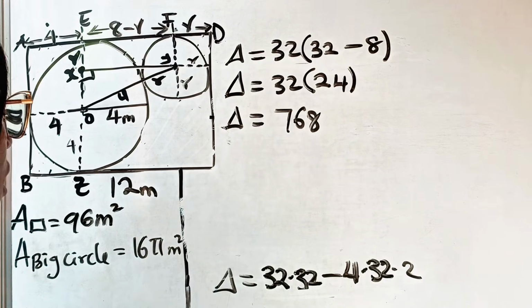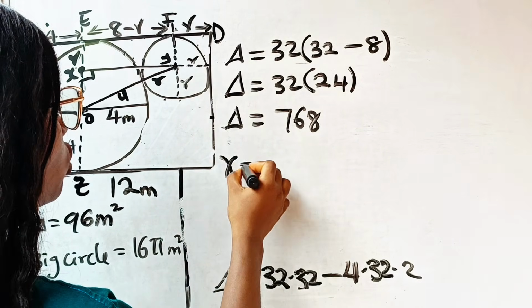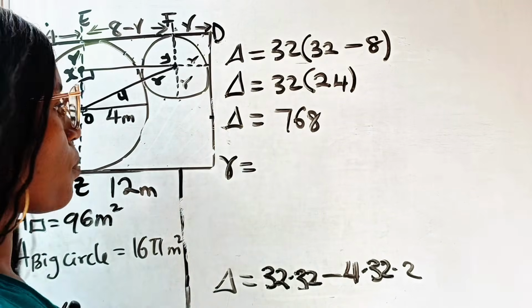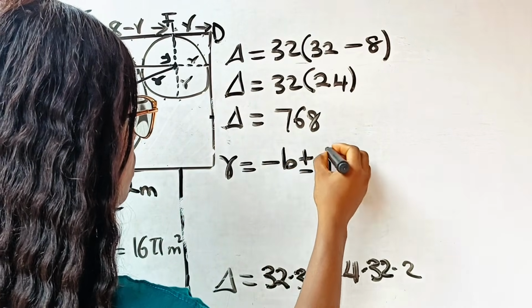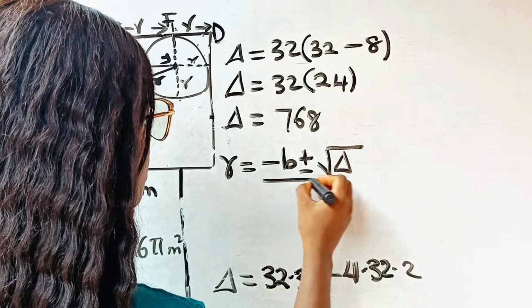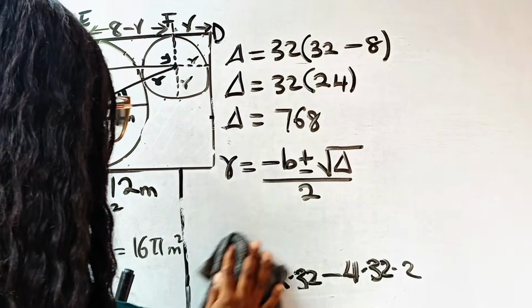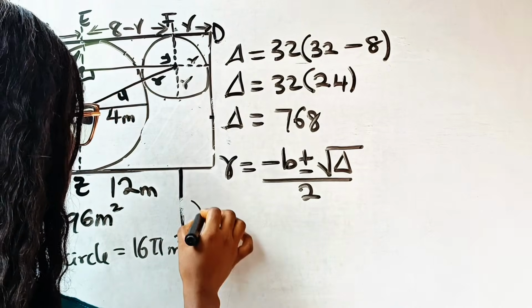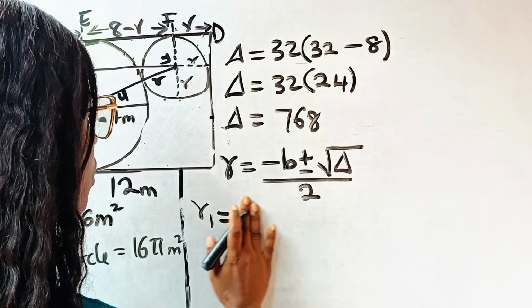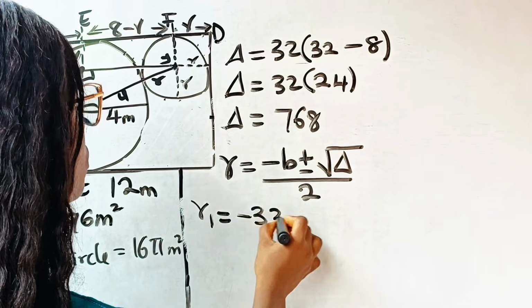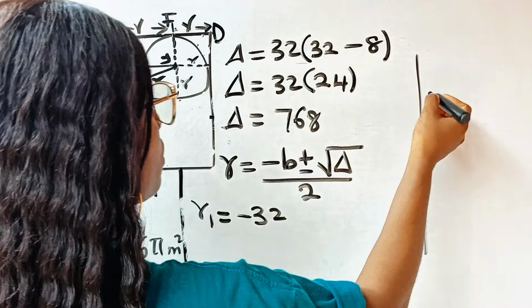All right. Therefore, the r we are looking for should be equal to minus b plus or minus square root of the discriminant divided by 2 times a, which is 2. Therefore, the first r will be minus b plus, or sorry, minus 32. Remember that this is what we have as our equation.